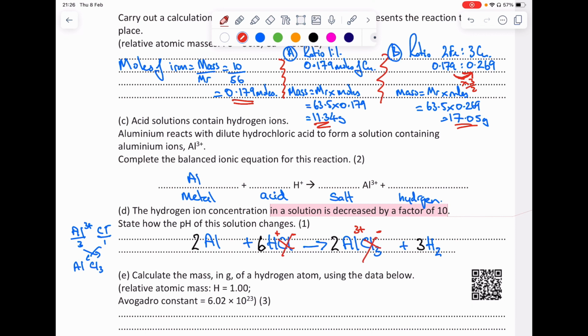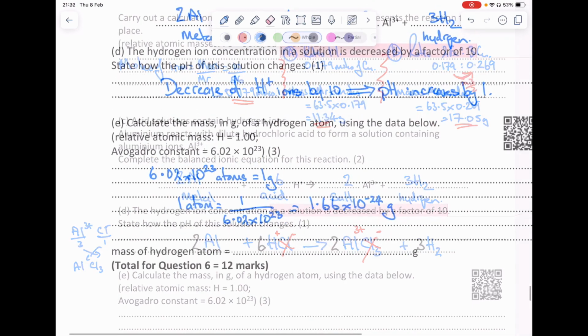It's Cl minus, so I'm going to get rid of those. Okay, so what am I left with? I'm left with 2 lots of aluminium, 6 lots of H plus, 2 lots of aluminium ions, and 3 lots of H2. So that is the equation for that reaction.